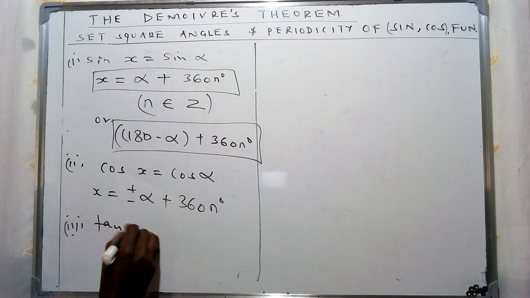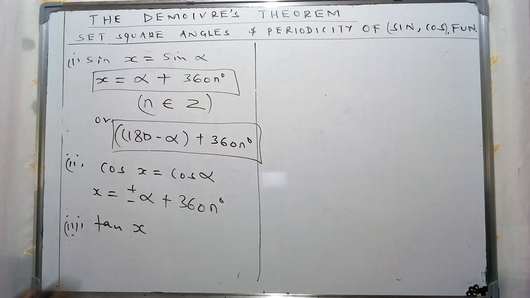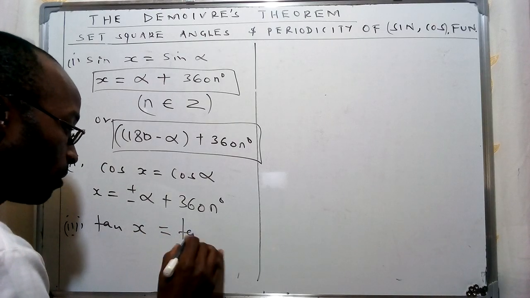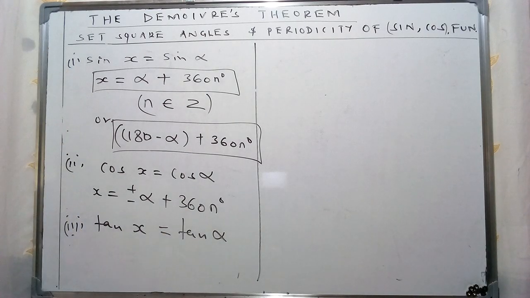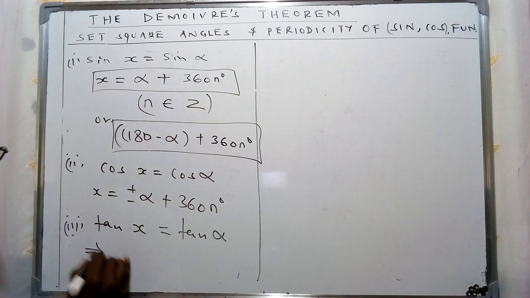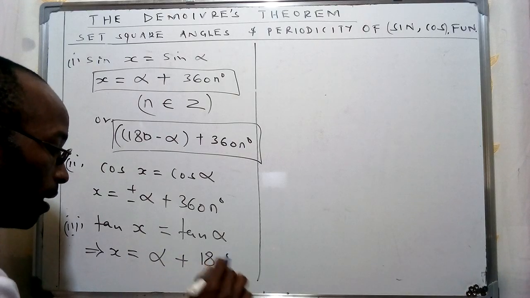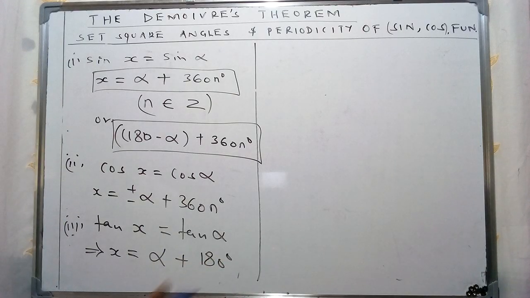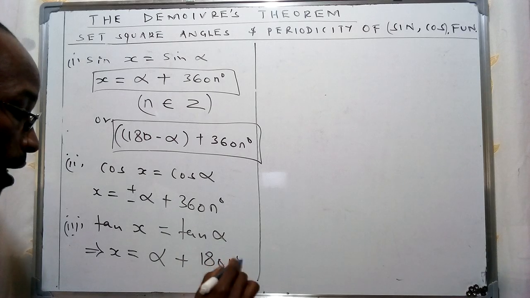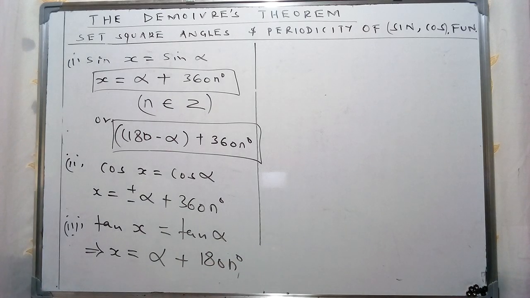Now we can as well have this particular representation for the tan of x given in terms of the tan of another angle alpha. So the relationship between x and alpha can be given in terms of alpha plus 180 degrees. And in this case, this is also going to have a multiple of n as I just mentioned.